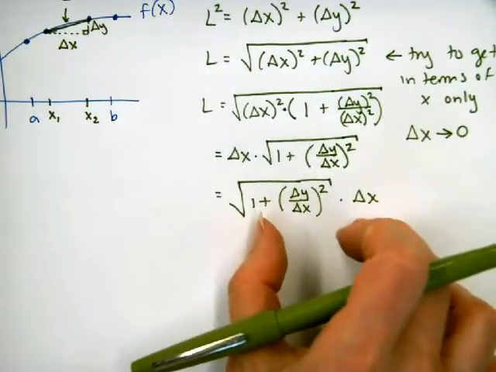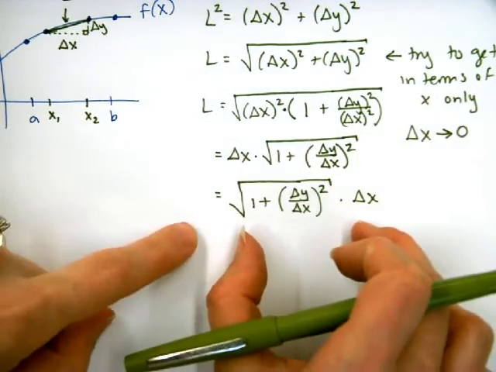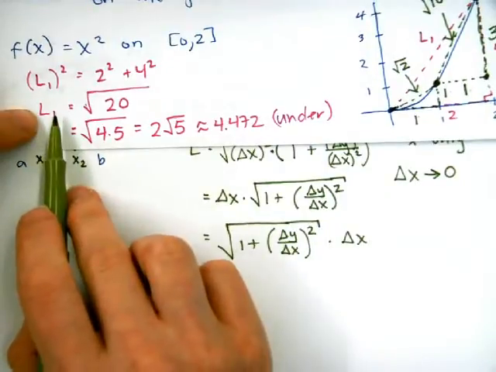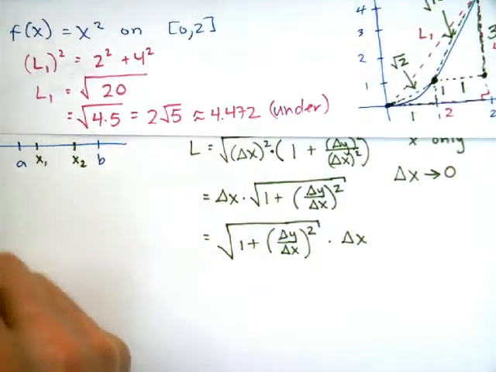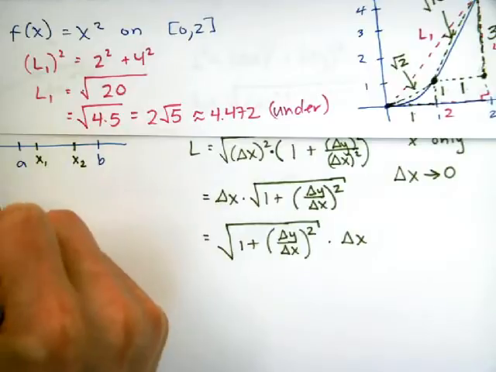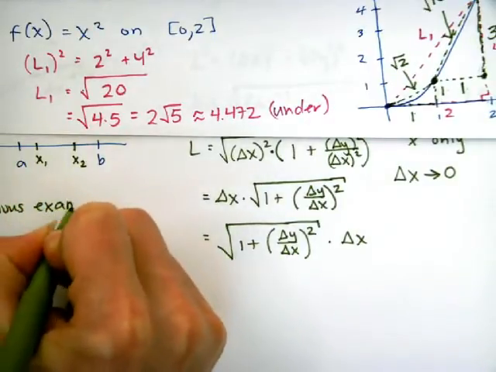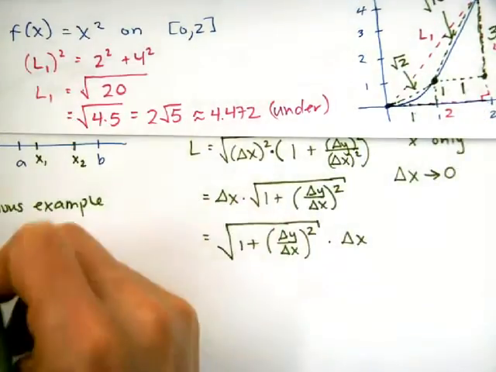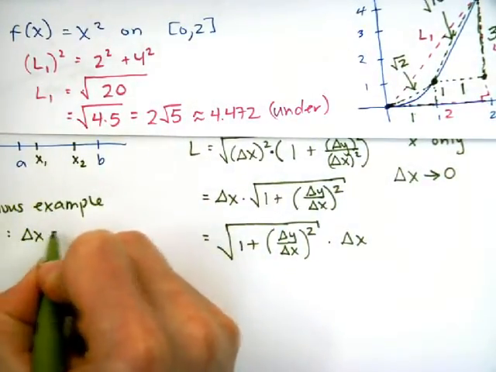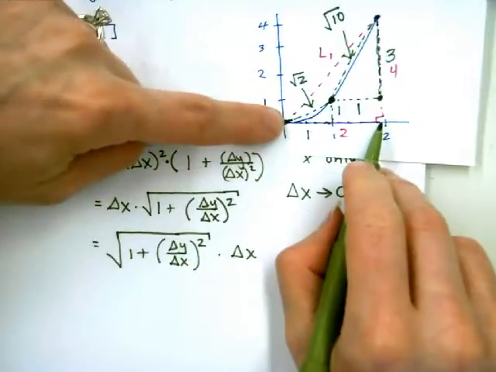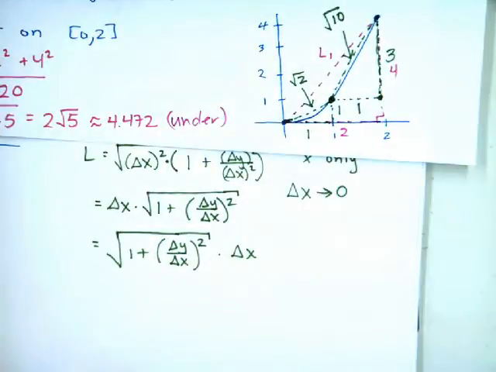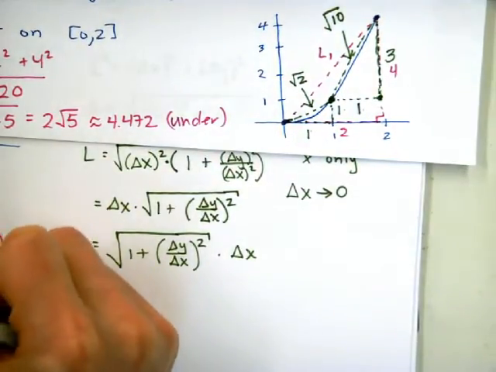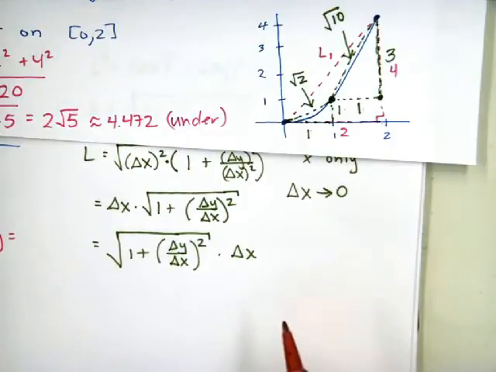Now I just want to show you what this equation represents here, because we could use this in a previous one that we did earlier, like this arc length, for example. So in the previous example, we looked at L1, right? In L1, delta x was 2. That was this pink one here. Delta x was 2. What was delta y? 4.